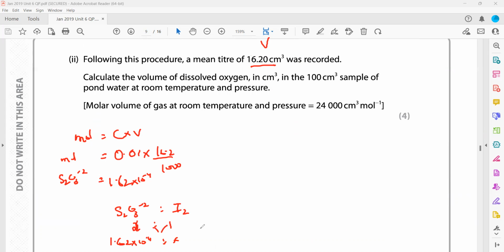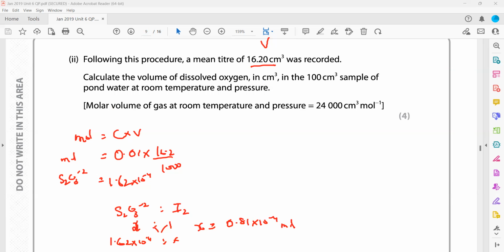Cross multiply. This will give us the moles of iodine, which will be half of it, so 0.81 × 10⁻⁴. That is the moles of iodine.